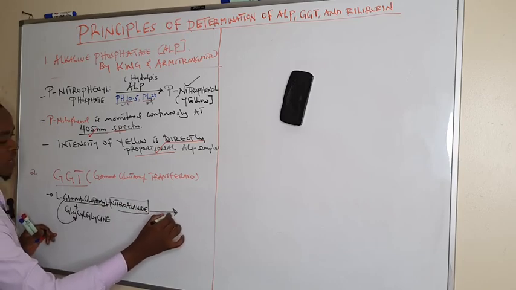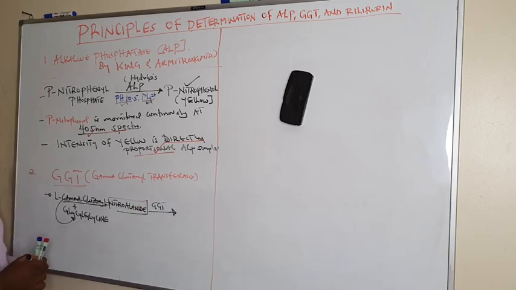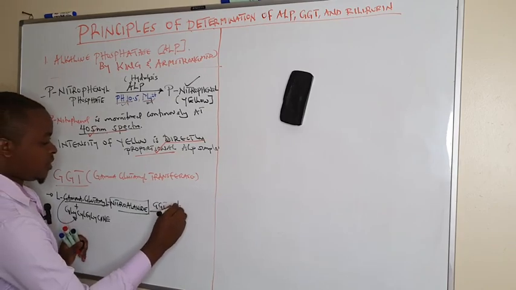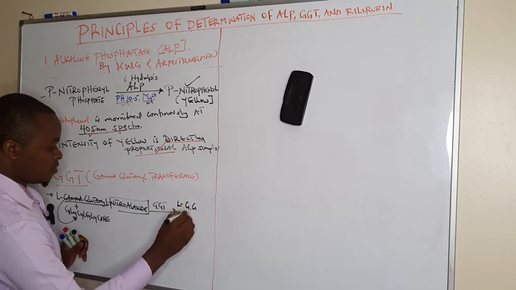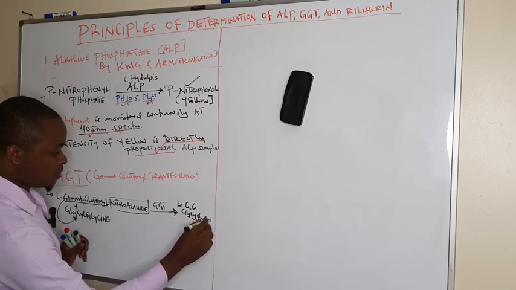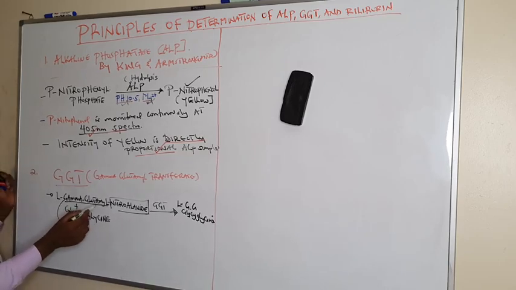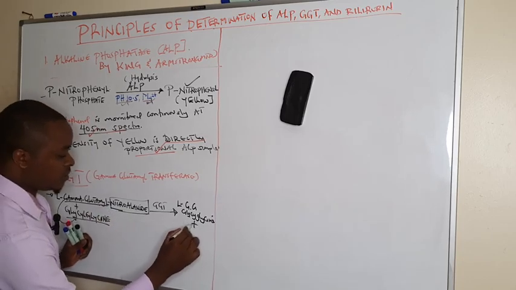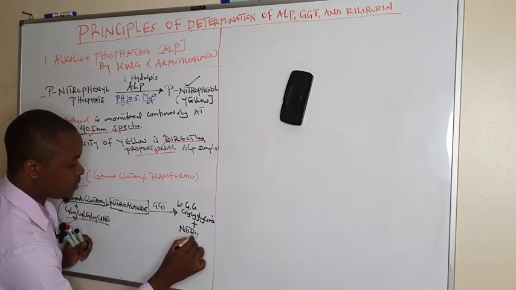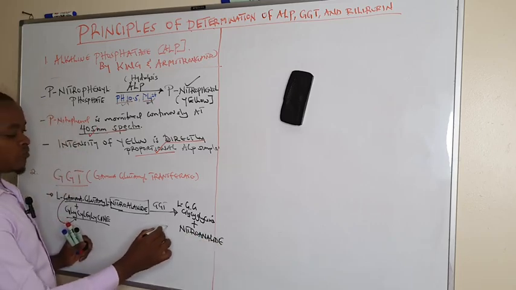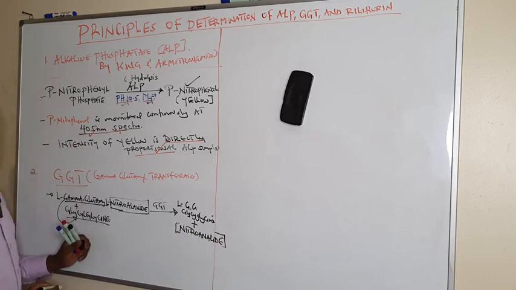So in the long run, in the presence of GGT, we are going to form L gamma glutamyl glycylglycine, because we have transferred the L gamma glutamyl group from nitroanilide to glycylglycine. So we shall remain with nitroanilide alone, plus L gamma glutamyl glycylglycine. And what we are interested in is this nitroanilide formed.